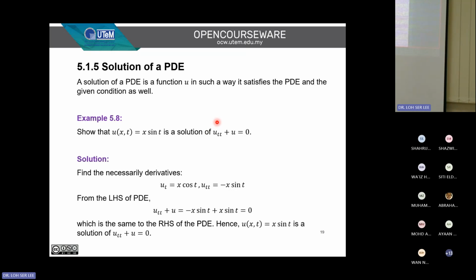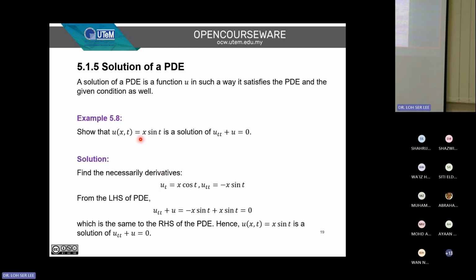But how are we going to show that this is a solution of this PDE? It is exactly the same as how we show it in the ODE. We differentiate. From this PDE, we have UTT. So from the U, we differentiate with respect to T twice. U is X sine T. To get the UTT, we have to find UT first.